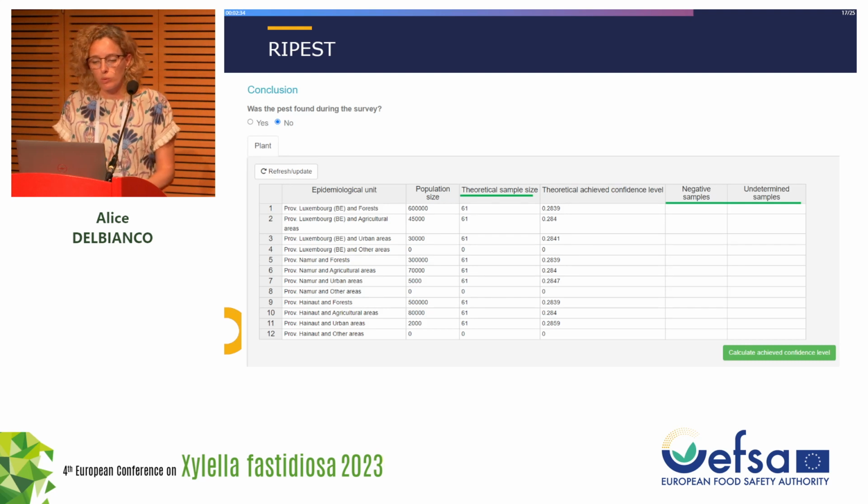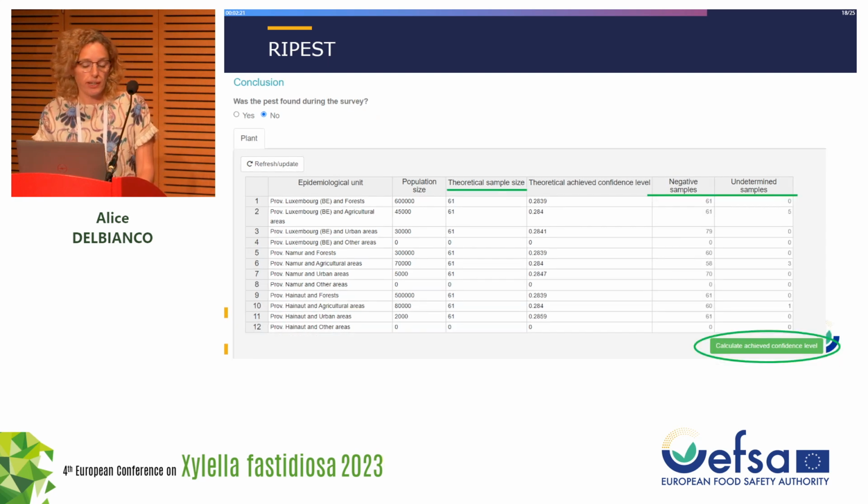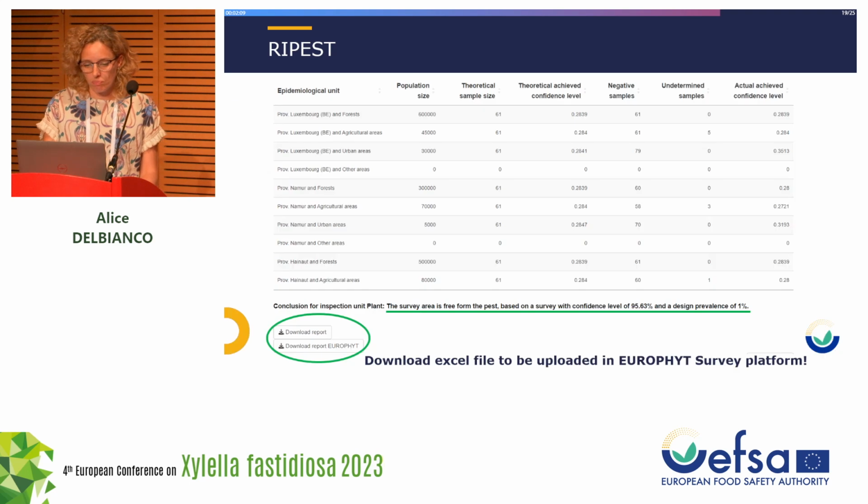And I now have to insert in this table, in which there is the previous theoretical sample size, the real numbers of negative and undetermined samples that I got. So here again, I put some numbers as an example. And now I can calculate the achieved confidence level that I reached, and so my conclusion.